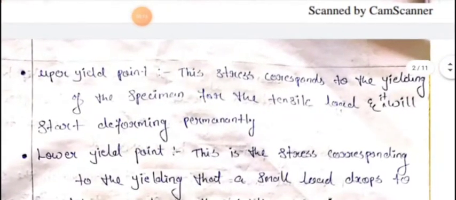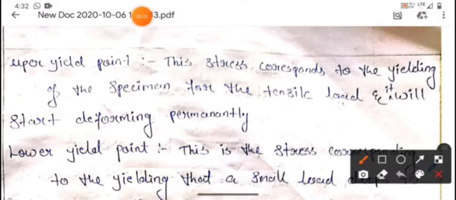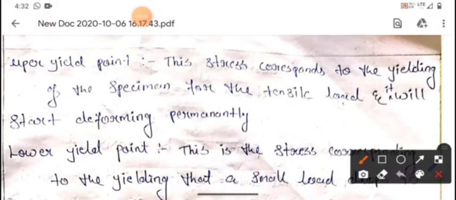The stress corresponding to the yielding of the specimen for the tensile load, where it starts deforming permanently. Yield means it will start forming a permanent set, meaning it will not come back to the original position. It is beyond the elastic limit, at which the material will start yielding.